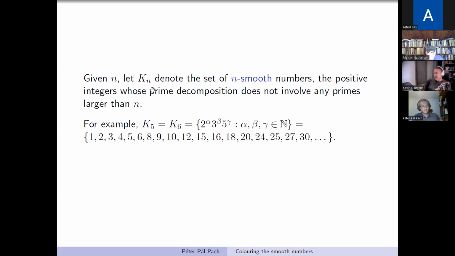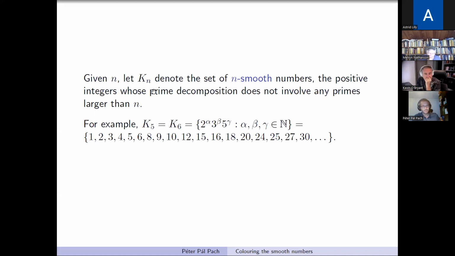So let's write K_n for the set of those positive integers that are n-smooth, so they do not have prime factors larger than n. They form one of the connected components, and clearly if we can color one connected component, and if all the other connected components are isomorphic to this one, then there is a good n-coloring of the whole graph.